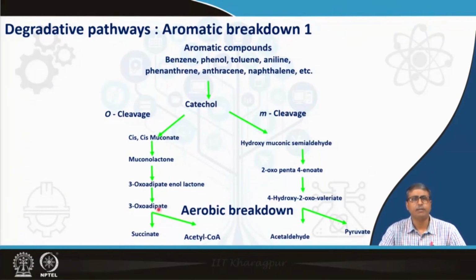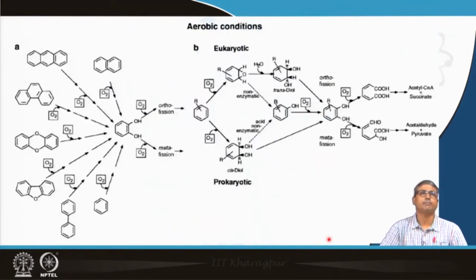Through ortho cleavage, succinic acid is produced along with acetyl CoA, or during the meta cleavage pathway, acetaldehyde and pyruvic acid are produced. All these products, succinic acid, acetyl CoA, acetaldehyde and pyruvate, are very important precursors for central carbon metabolism, so they can straightaway enter into the central carbon metabolism.